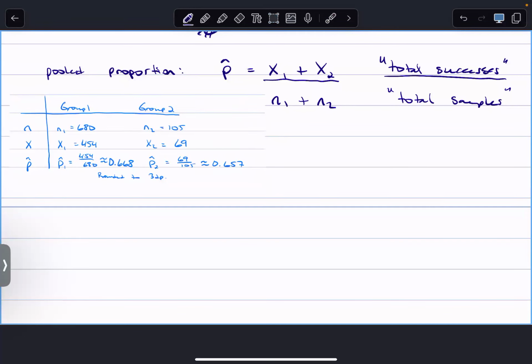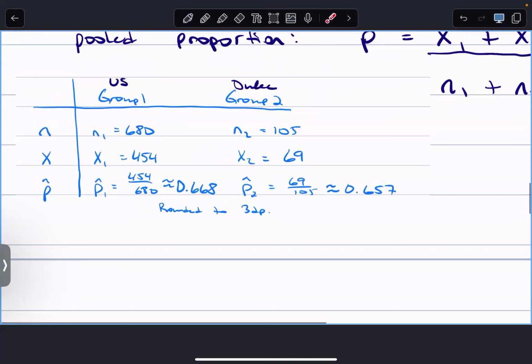So here was the US and here's the Duke students. Just highlight that. We have a sample size for each, and we found a sample proportion for each group. We rounded to 3 decimal places. Of course, if you're using Excel, you should just reference the cells and keep all those decimal places, and that'll be the safest thing to do.